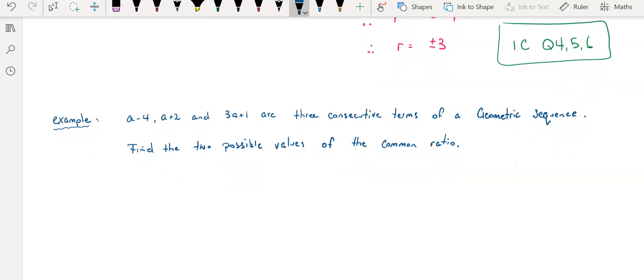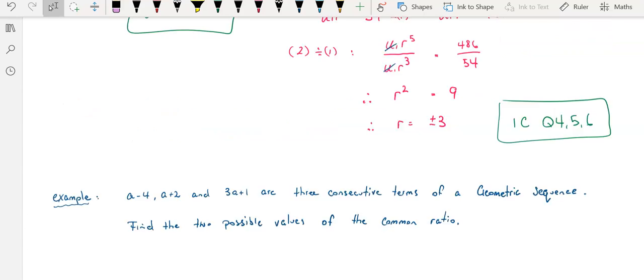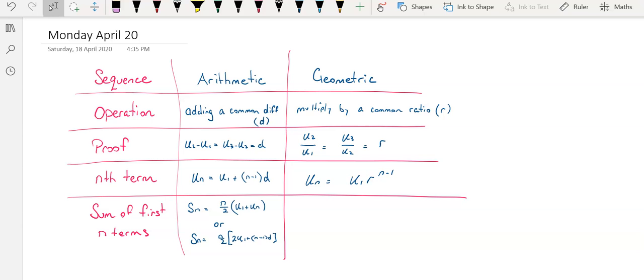Okay, a final example before I set you free on questions 7 and 8 for this exercise. It reads as such: a minus 4, a plus 2, and 3a plus 1 are three consecutive terms of a geometric sequence. Find the two possible values of the common ratio. So I'll go back to how to prove that we've got a geometric sequence.